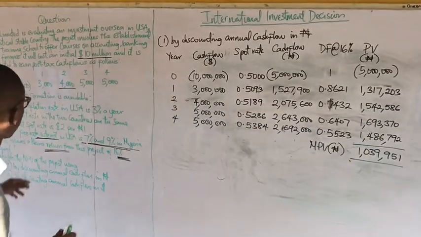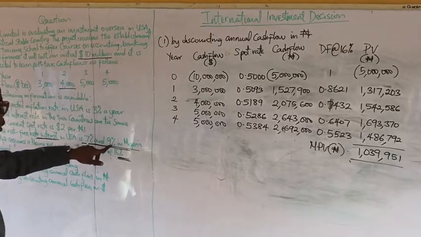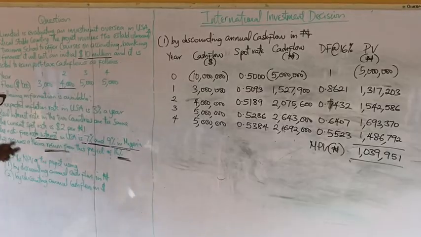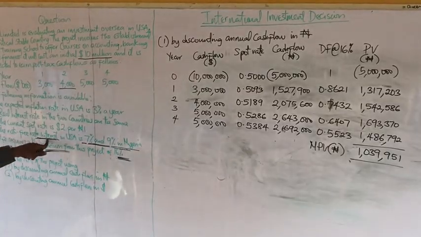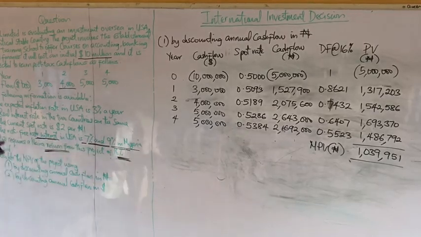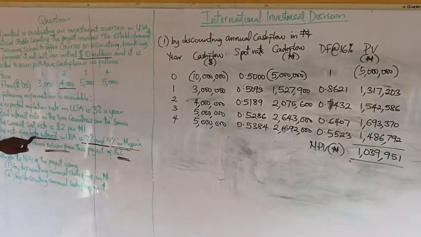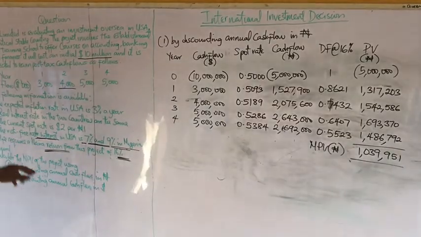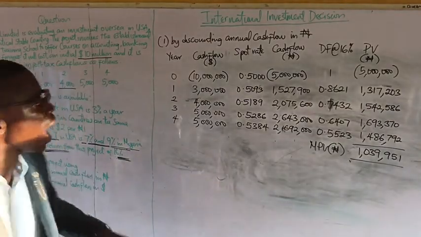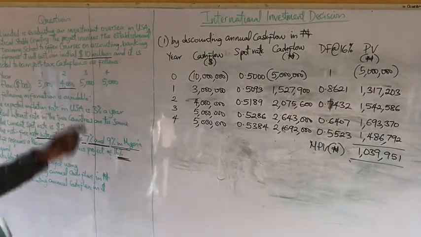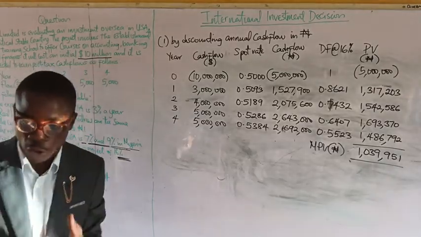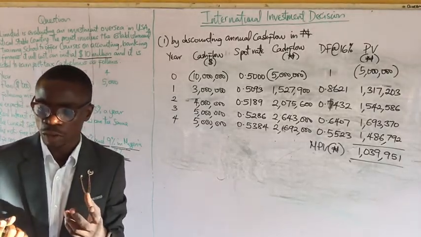Now, someone asked the question, why are we not using 9%? The reason is that the interest rates they gave us, 7% and 9%, are on what? The risk-free rate. And the risk-free rate is peculiar to risk-free investment, and this project is not a risk-free investment. A risk-free investment has a lower risk or zero risk.